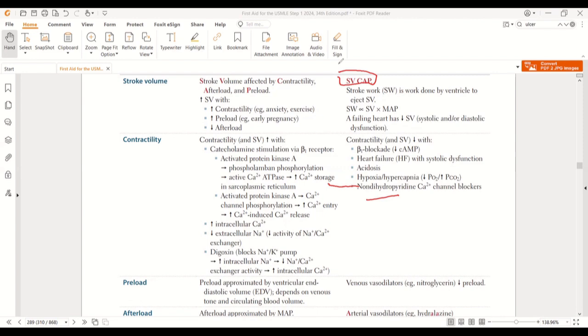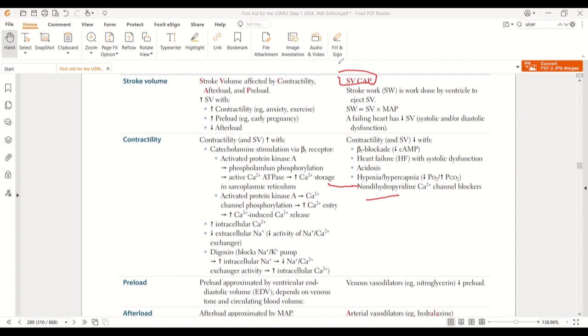Afterload is basically determined by the mean arterial pressure, right? If the mean arterial pressure is increased, stroke volume will be decreased. And if the preload is increased, stroke volume is increased. We will discuss this correlation in the Frank-Starling law in the next slide, right?